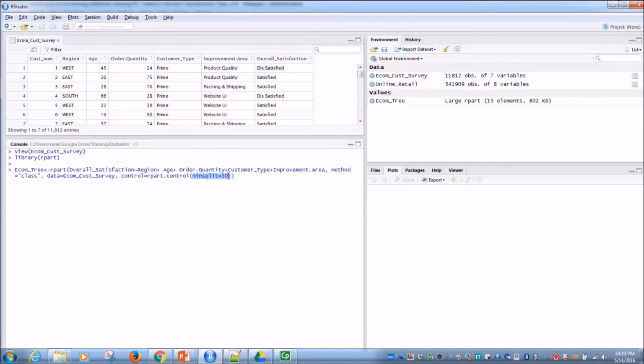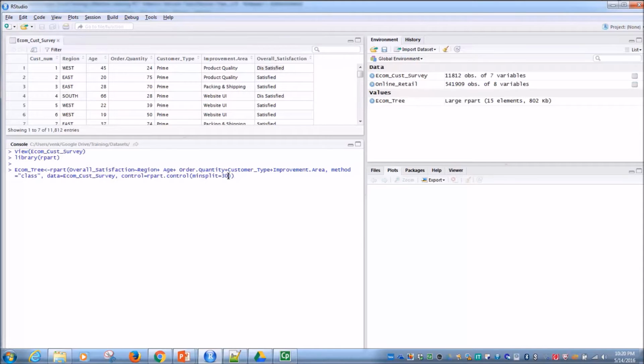If we keep on subsetting the data, and we reach a point where the final leaf, or the final node subset, has only 30 elements, what we are telling R is, when you see any node which has just 30 elements, do not go further and subset it, just stop there.